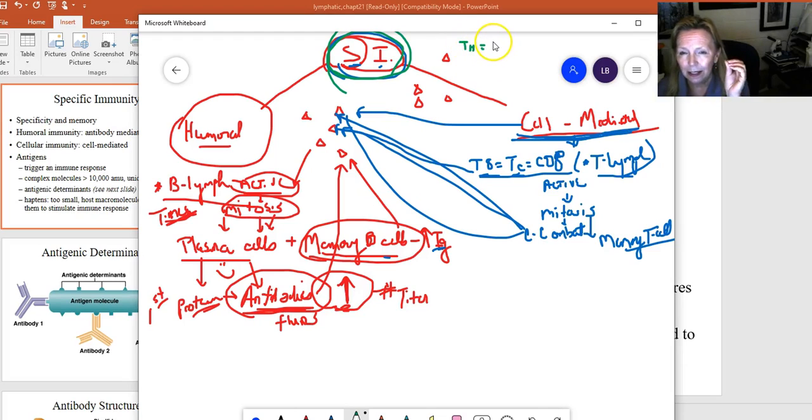Sometimes this cell is called a T4 cell. On lab reports, sometimes this cell is called a CD4 cell, a C and a D4. Most labs call these CD4 cells.